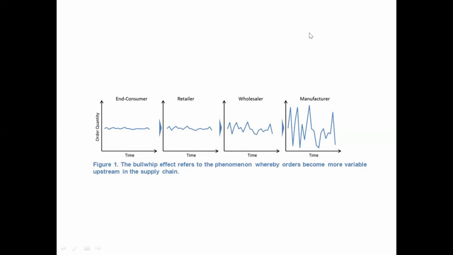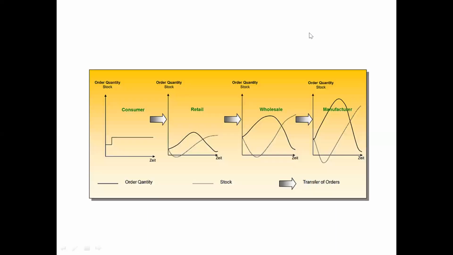On the next slide here, we can see the same graph, but it also shows us the stock levels. On the consumer end, there is a little rise, and you can see this rise in stock level on the retailer's end. On the wholesaler end, it is a bit more steep, and on the manufacturer end, it is very significantly sharp or steep, as you can see here.